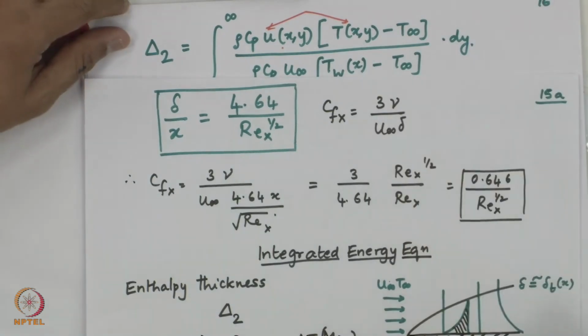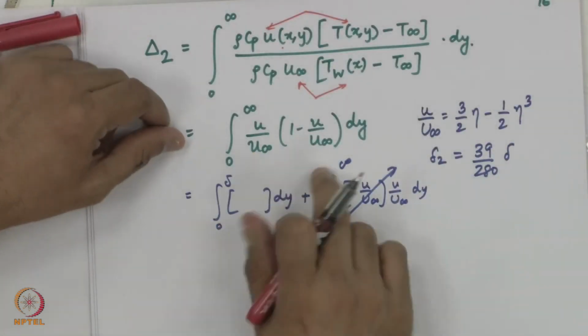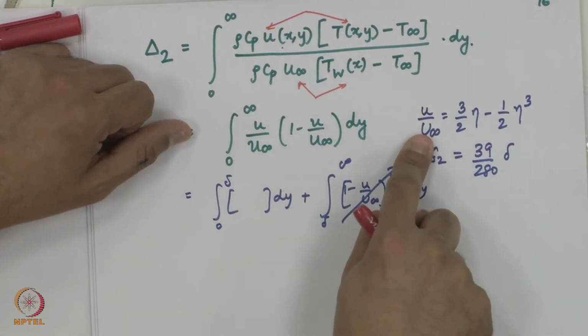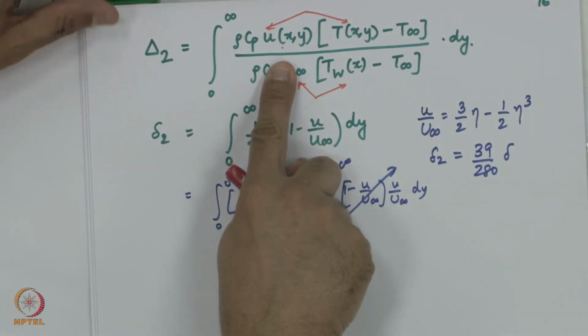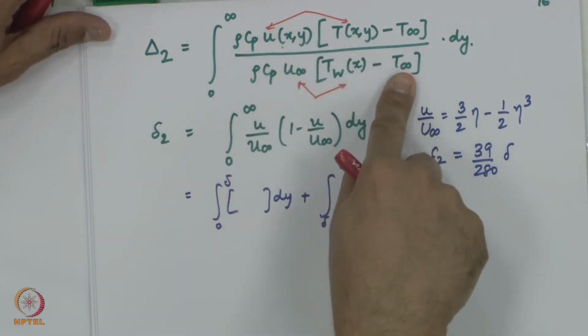Okay. What was done here? For your momentum thickness, the same velocity profile and 1 minus that was multiplied and integrated. Easy. Here, for enthalpy thickness, I will have to take the velocity profile multiplied by the temperature profile.